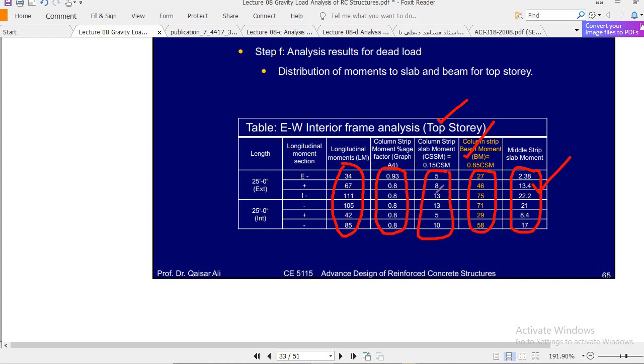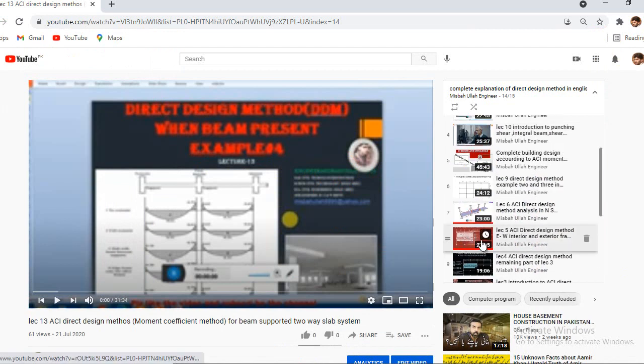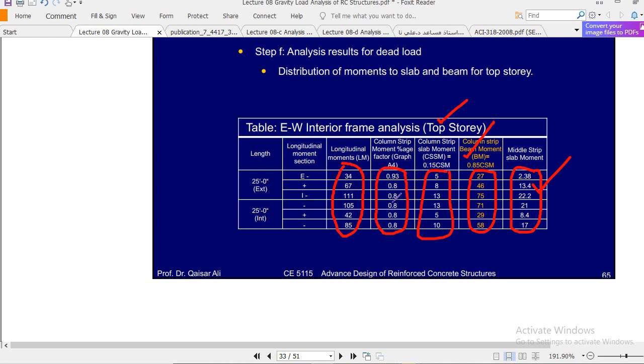How to design and how to assign these moments, I have thoroughly explained this procedure. Here you see in these videos how to show those moments and how to combine them. Now you have to watch these videos, because I'm not going to explain the rest of the procedures. Clear?